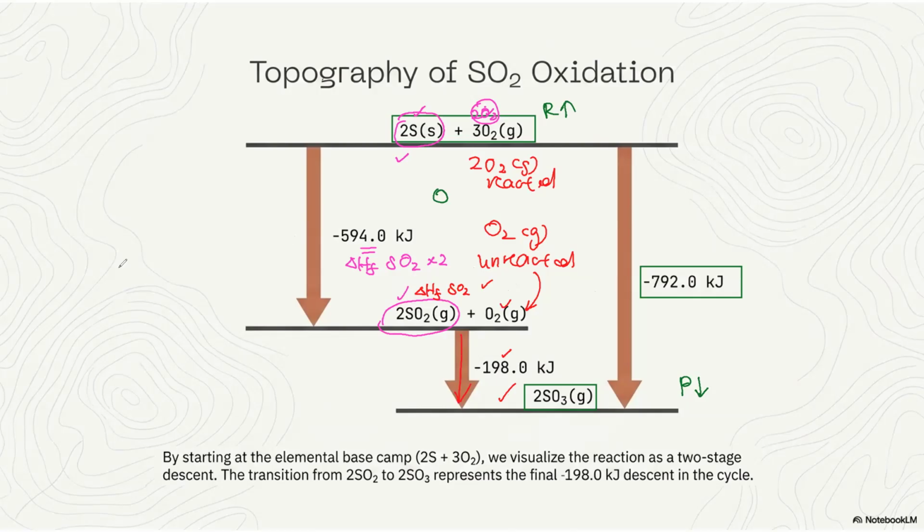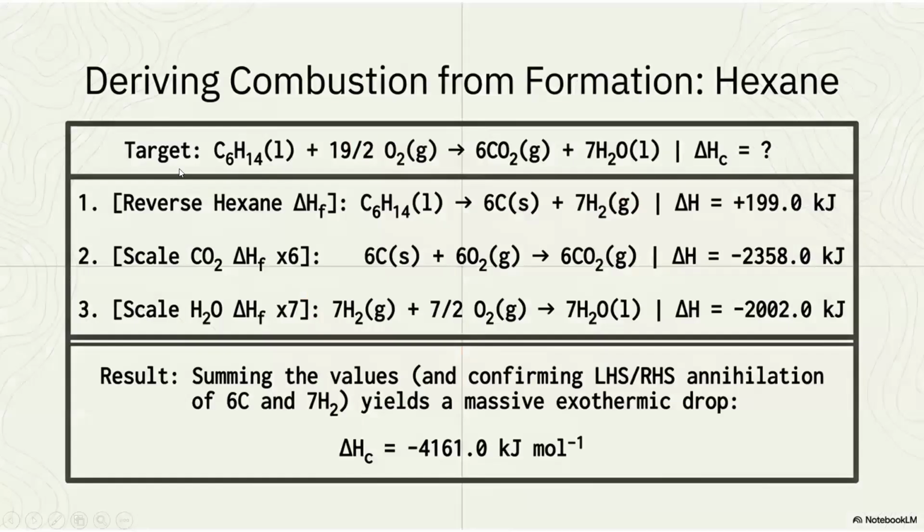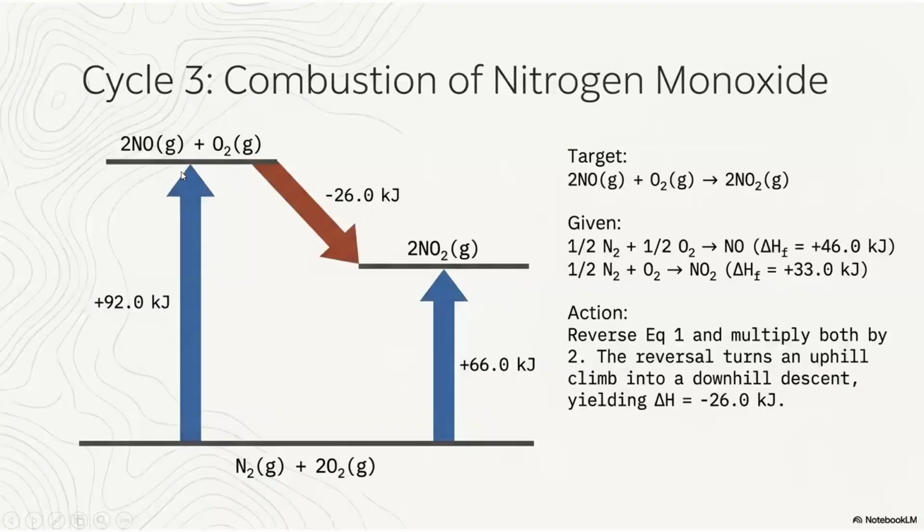Right, so I'm going to go for more examples to make you understand better. So far, all of our examples are showing exothermic, isn't it? Let's have a look from the perspective of the endothermic. In endothermic, now you want to find the enthalpy change of the oxidation of NO. So you shall have 2 NO plus O2 give 2 NO2. You are given the formation of nitrogen monoxide, where half N2 plus half O2 give NO, delta HF is positive 46.0.